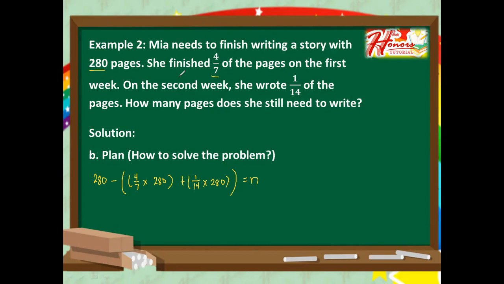So we know that 4 over 7 of the pages is done, but we don't know how many pages that is. So we have to know the exact pages that she finished during that week. In order for us to know that, we multiply 4 over 7 and 280, and then we will get the exact number of pages on the first week.